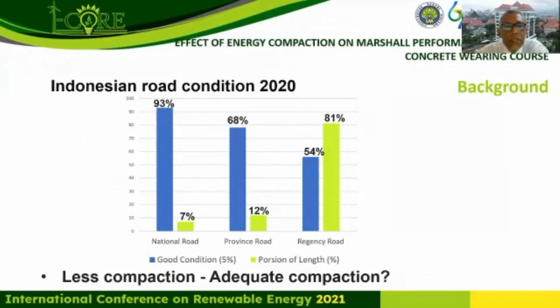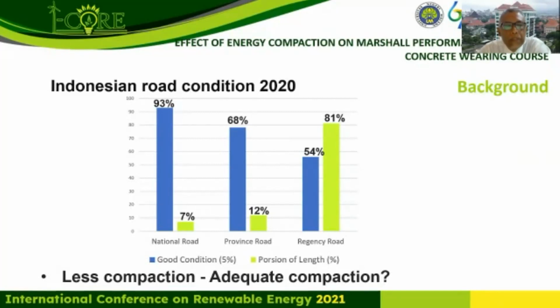The first one is national road in good condition at around 93%, followed by provincial road at 68%, and the last one is Regency road at 54%. So on average, Indonesian road condition is not good, so that needs a solution.